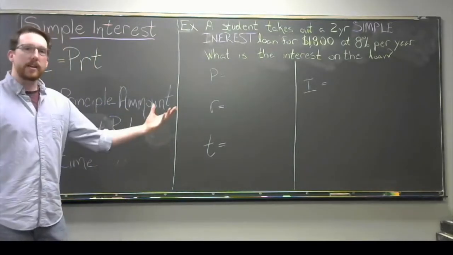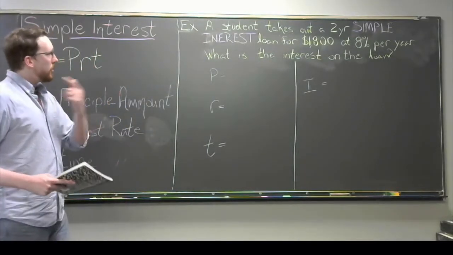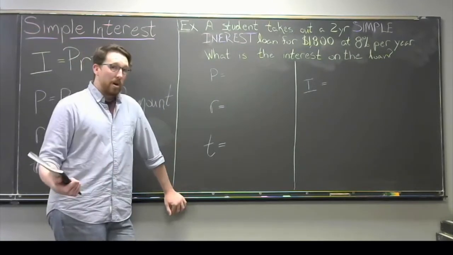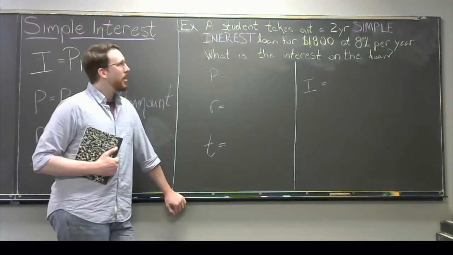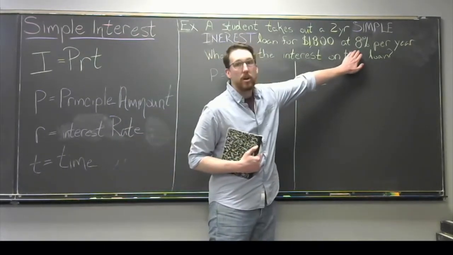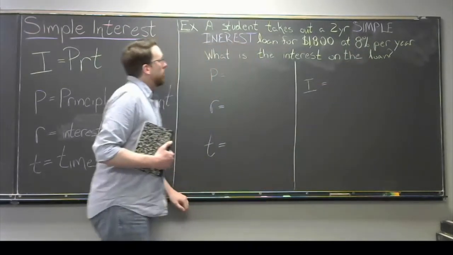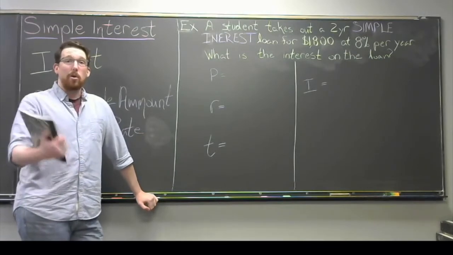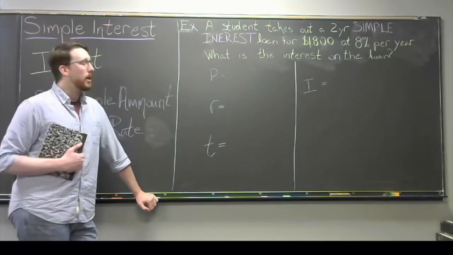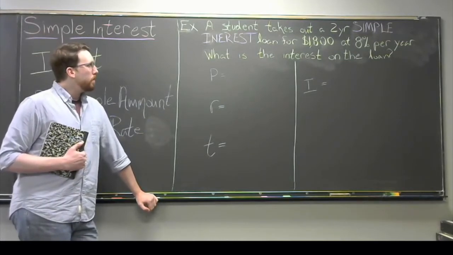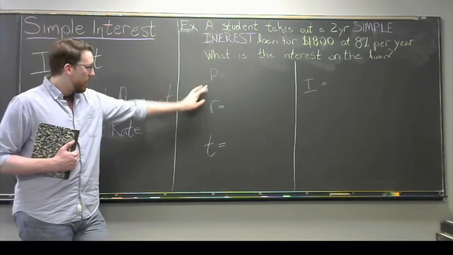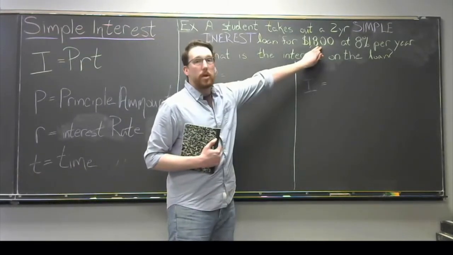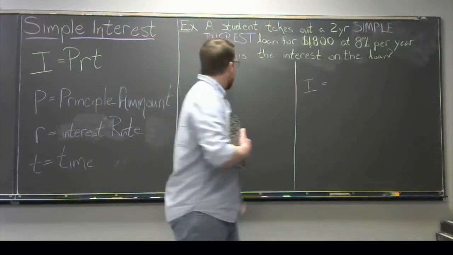Having said that, let's look at an example. So we've got a student who pulls out a 2-year simple interest loan. The loan's for $1,800. It's at an 8% per year interest rate. So we want to know how much that student's going to have to pay on their loan, how much interest they're going to have to pay. Well, the principal amount in this case is going to be the amount that the loan gets pulled out for, $1,800.